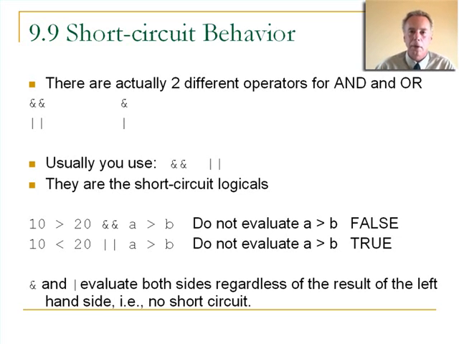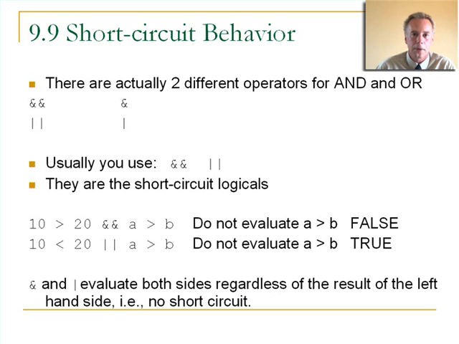One more concept in this segment, and then we'll do a review of the logical operators. This is called the short circuit behavior. The operators that I showed you for AND and OR, using the 2 ampersands and the 2 vertical bars, there's actually 2 operators for AND, the 2 ampersands and 1 ampersand.